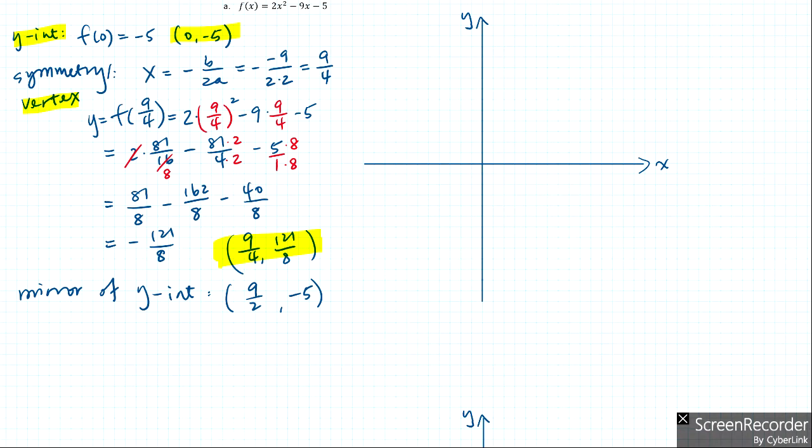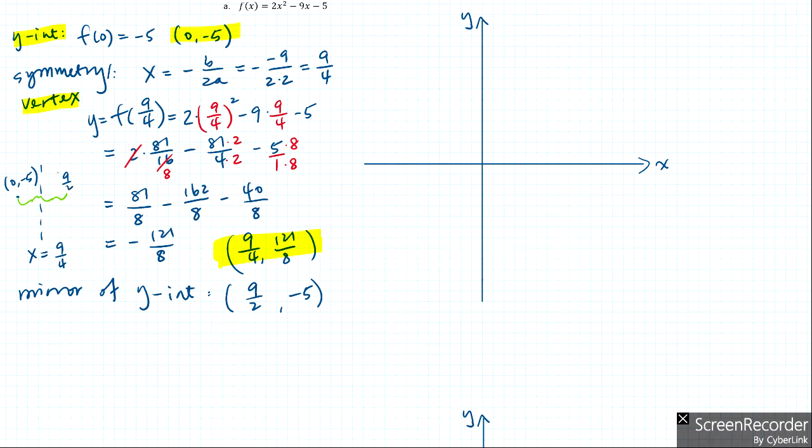If you need a reminder, what we did before is essentially saying if the axis of symmetry is x equals 9/4 and the y-intercept falls at (0, -5), they need to be equal distance away from each other.